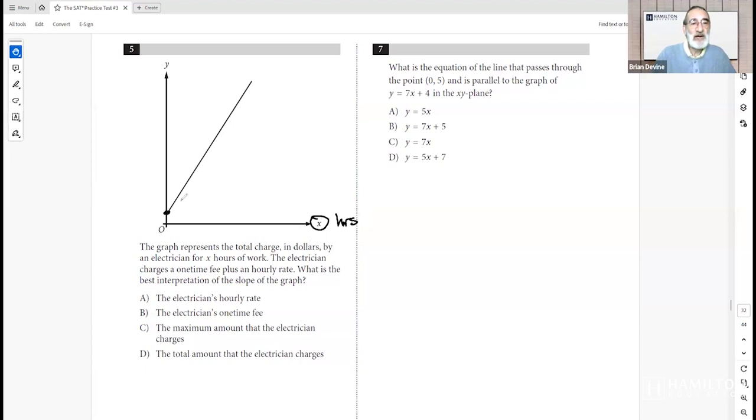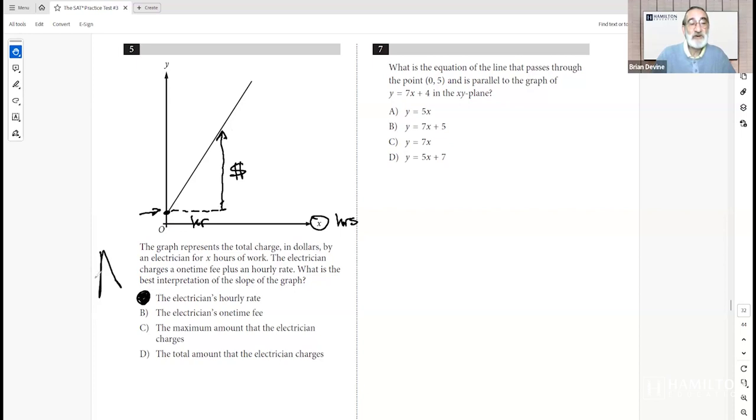And if you didn't work any hours, that would be your initial fee. So this has to be the one-time fee is where the graph starts. And then the slope of this graph, well, it'd be the charge in money versus the number of hours. So this would be money per hour, which is the electrician's hourly rate.